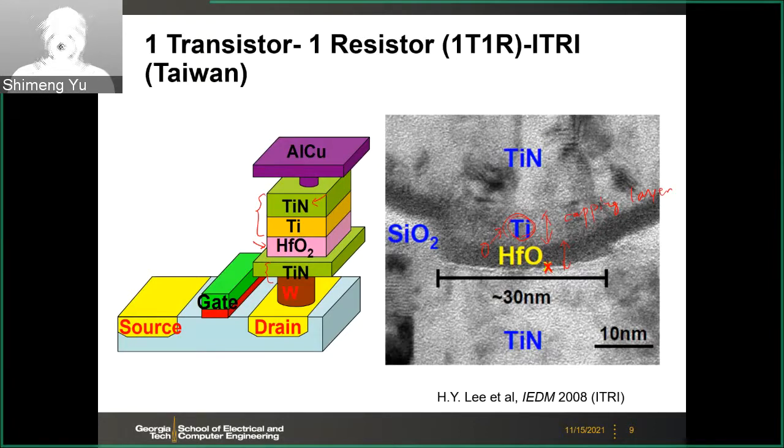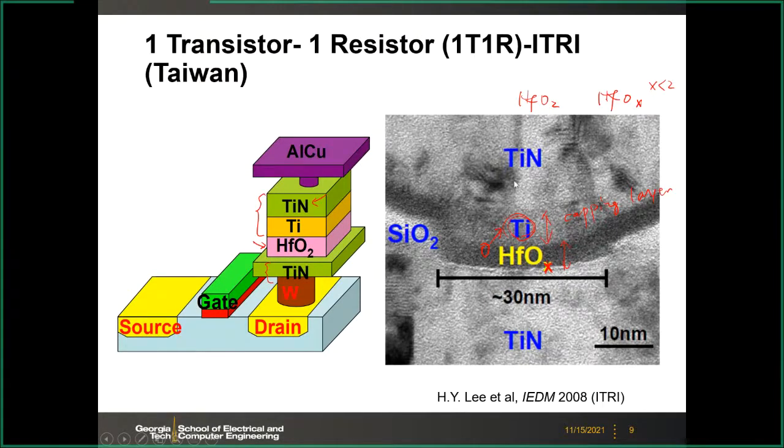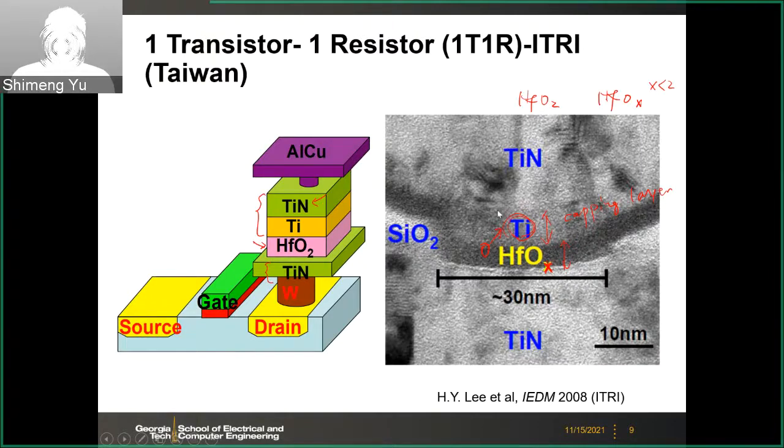That means it's not HfO2, it's HfOx. The reason is that some of the oxygen is extracted to the Ti layer, so x is smaller than 2. So here we intentionally create defects or oxygen vacancies in the hafnium oxide with this capping layer, and this is a common strategy in RRAM device structure design.